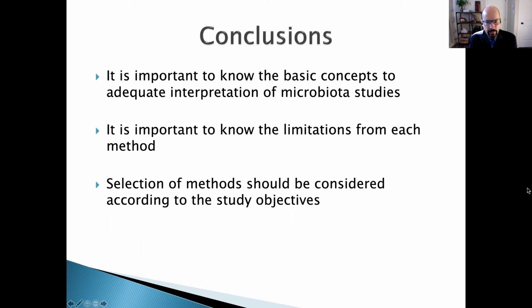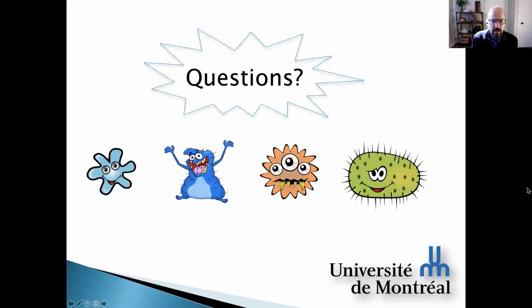And then in the next phase, when we are discussing your studies, it's important to have all of this in mind to select the right methods and not arrive at the end of your study and realize, oh, I should be using this and not that. So it's very important to have this type of knowledge in advance. Okay.